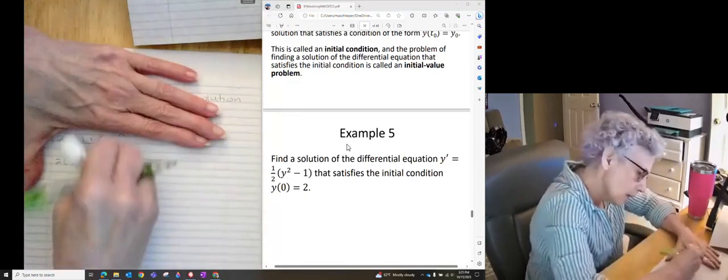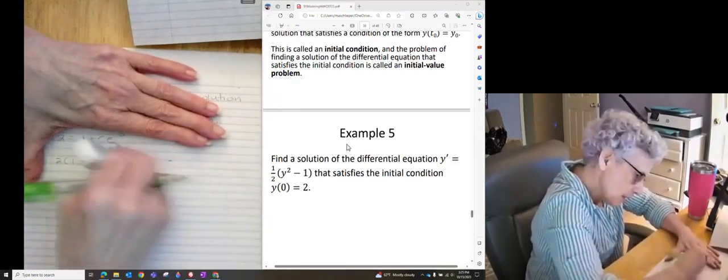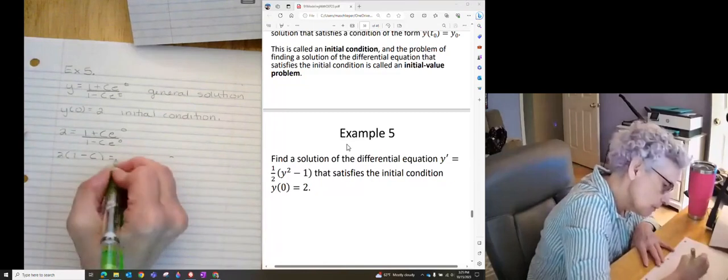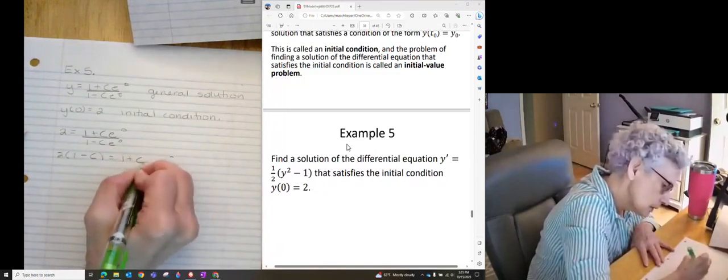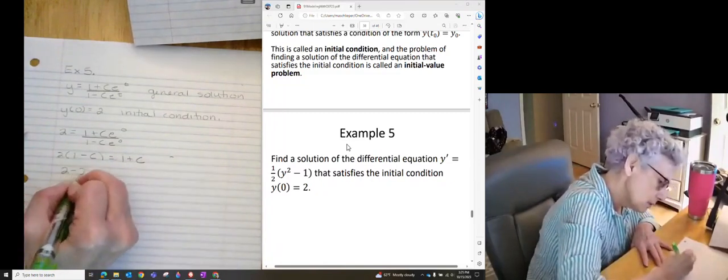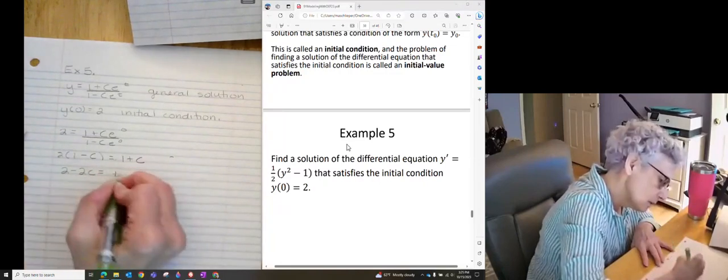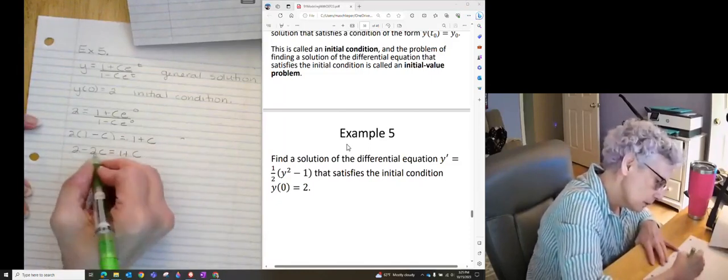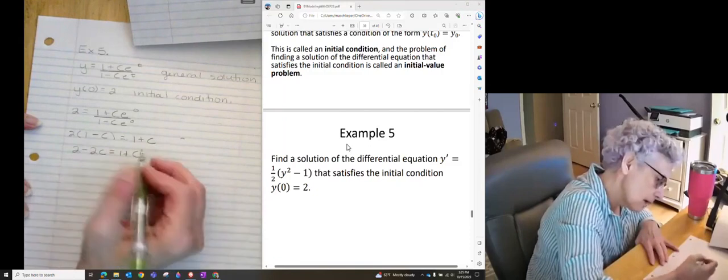And I don't know why I'm writing down e to the 0, because I know that e to the 0 is equal to 1. So 2 times 1 minus c is equal to 1 plus c. So 2 minus 2c is 1 plus c. So let's get everything with c's over on the right-hand side.